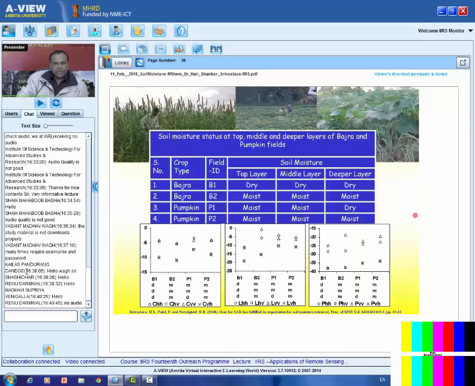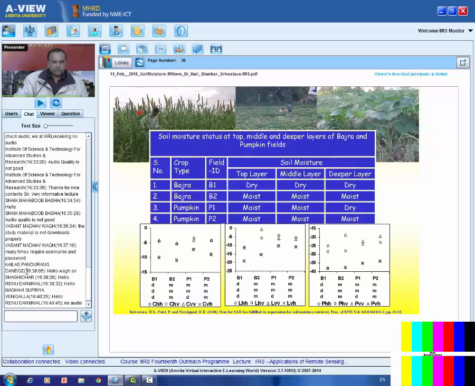This slide is showing the sensitivity of multipolarized data towards the orientation of the target. Here you see these fields are covered with pumpkin crop and these fields are covered with bajra crop. Now the basic difference between pumpkin crop and bajra crop is that pumpkin has a broad leaf structure and these broad leaves are mostly horizontally oriented, parallel to the ground.